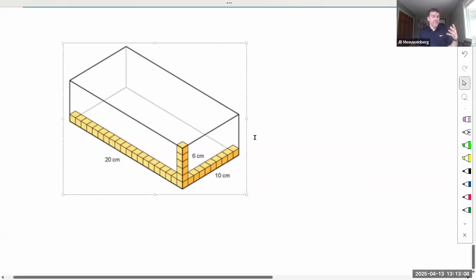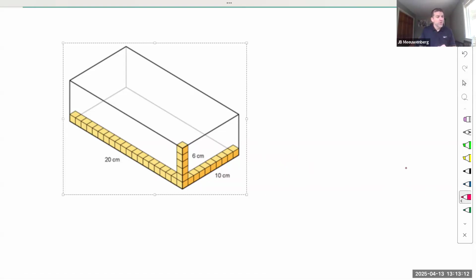In the case of this rectangular prism that we see here, notice the base, right? If we think about the base as the bottom layer, this has 20 centimeters this way and 10 centimeters this way.